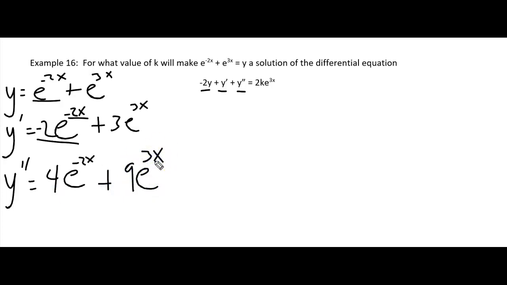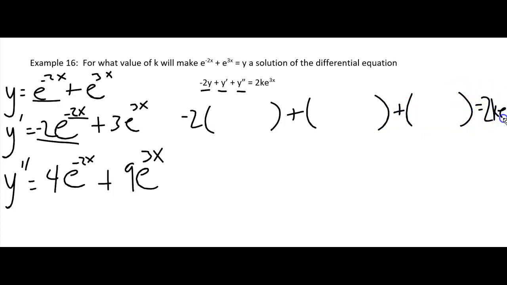And so now we're going to plug all of these in for y, y prime, and y double prime. So we have negative 2 times y plus y prime plus y double prime equals 2k e to the 3x. Running out of space there. All right, so I'm going to plug y in here. Y is e to the negative 2x plus e to the 3x.